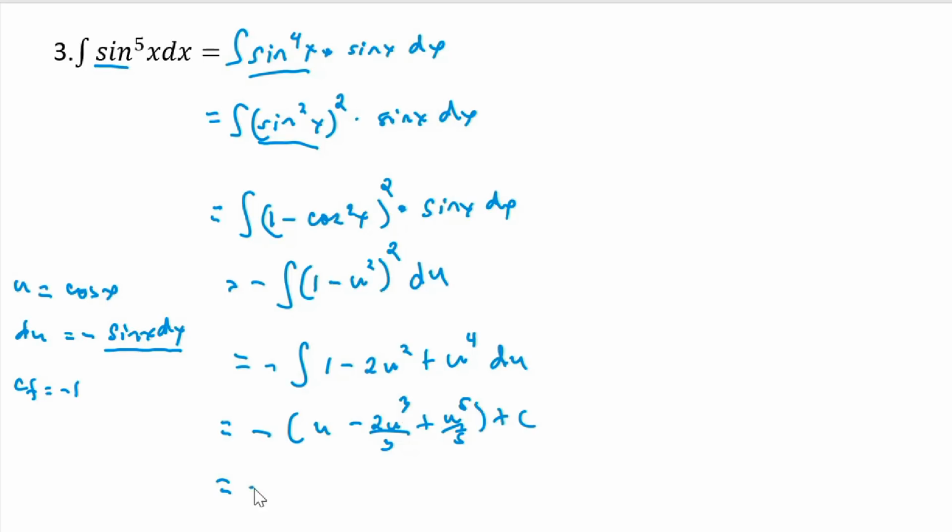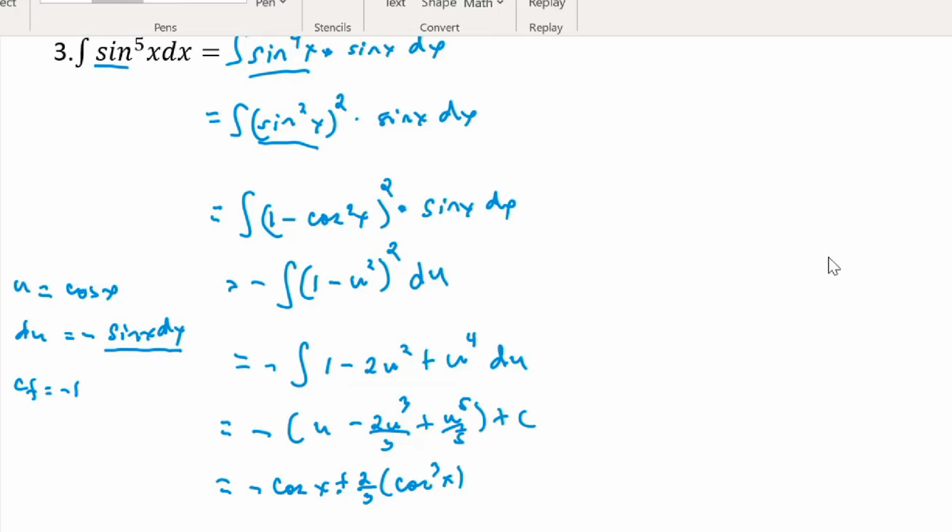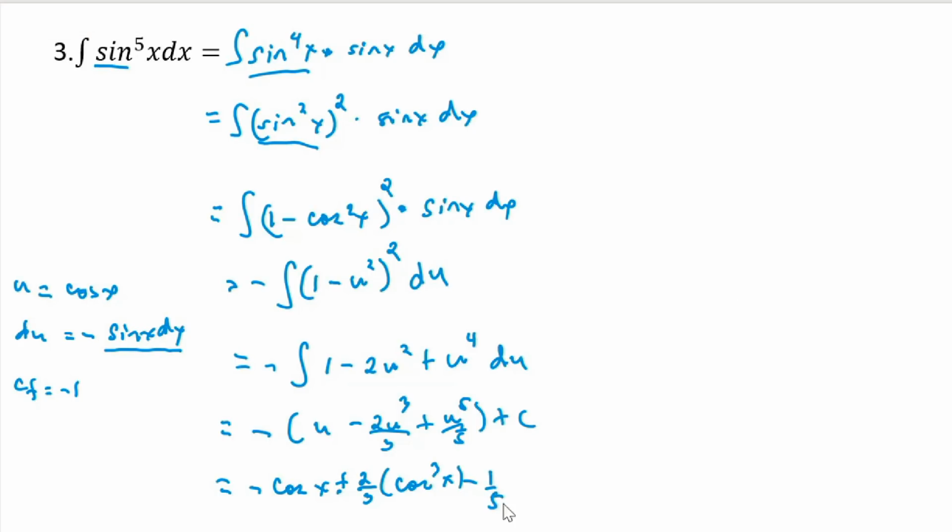So we can write the negative of cosine of x, negative times negative 2/3 becomes positive 2/3 of cosine cube x. Negative times 1/5 of u raised to 5 becomes negative 1/5 cosine to the power of 5 of x plus a constant. Okay, so that is now how to answer number 3.